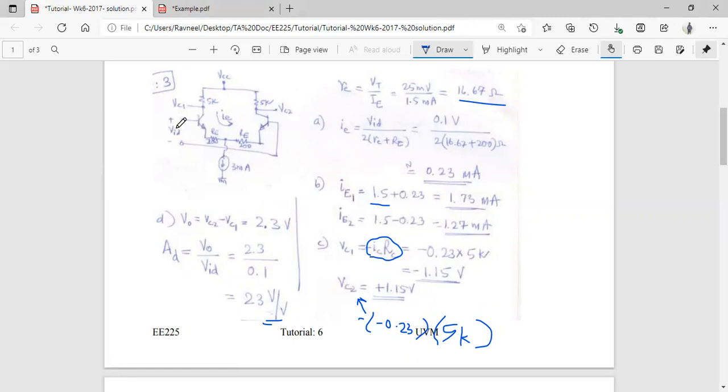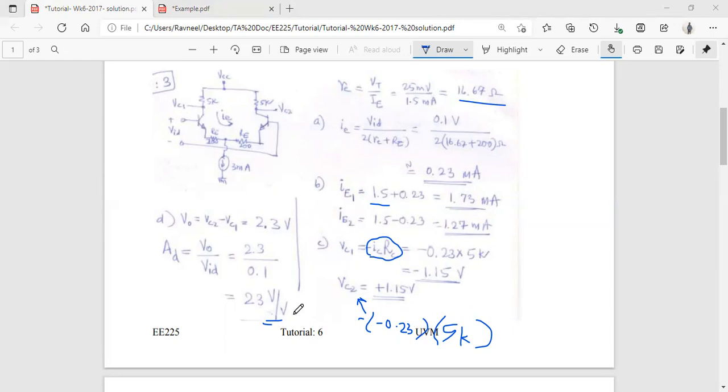You must have learned this in your labs and lectures as well. There is a phase difference between the base voltage and the collector voltage, the input voltage and the output voltage. There is a 180 degrees phase difference. So if the input is positive, our VC1 should be negative, which indicates it's 180 degrees out of phase.